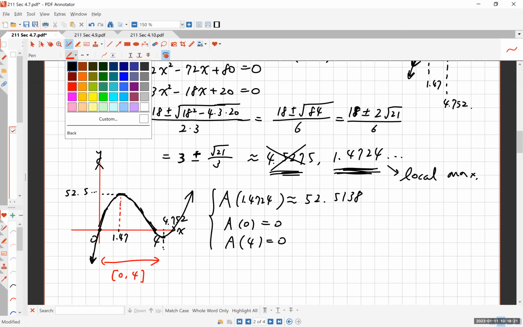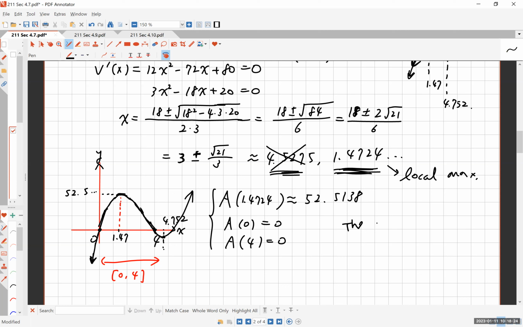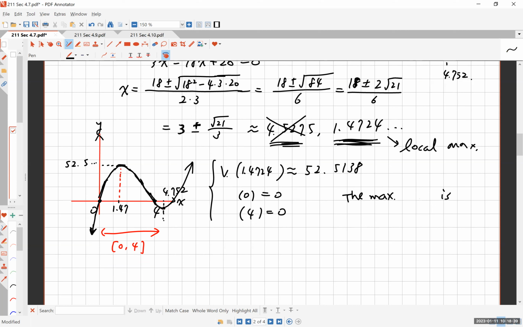And so we say that the maximum area is approximately, I'm sorry, it's not the area, is it? Oh, why am I using A, by the way? It should all be V, because we're talking about volume. And we call it capital V. The maximum volume is about 52.51, approximately, and it's in units cubed.